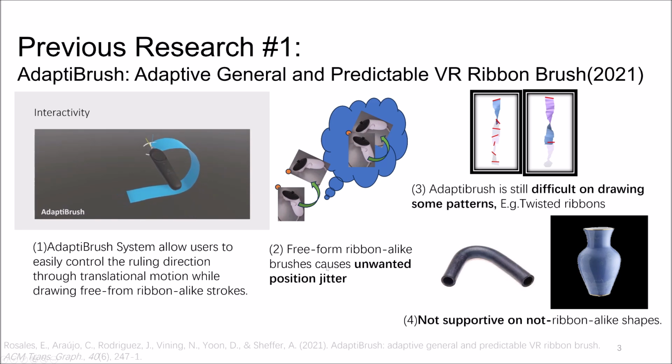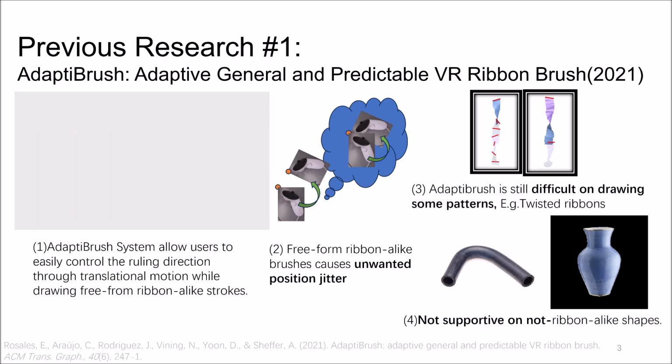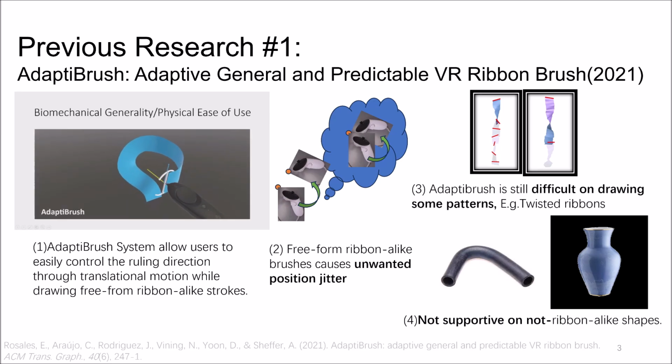We now introduce two representative studies about modeling in two different research fields. The first one is Adaptive Brush. The Adaptive Brush system allows users to easily control the ruling direction through translational motion while drawing freeform ribbon-like strokes.